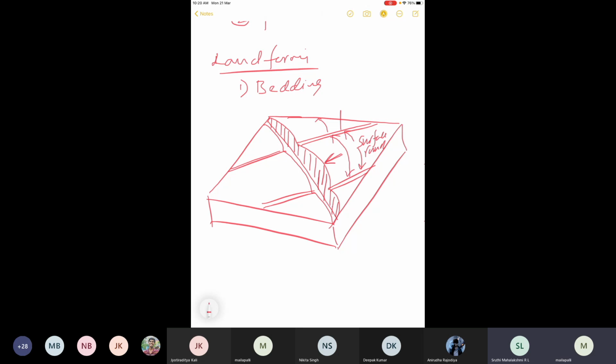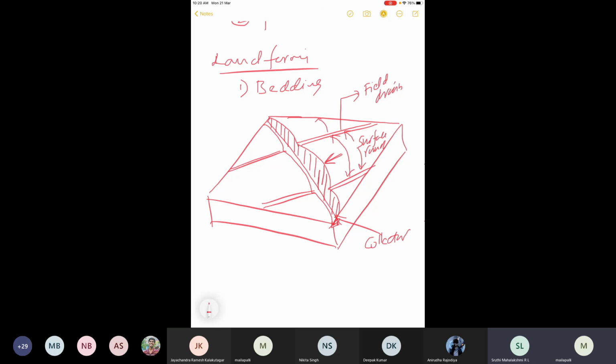So this is the field drain, and you can see the collector here. This is called the collector. Okay, so this is the bedding.